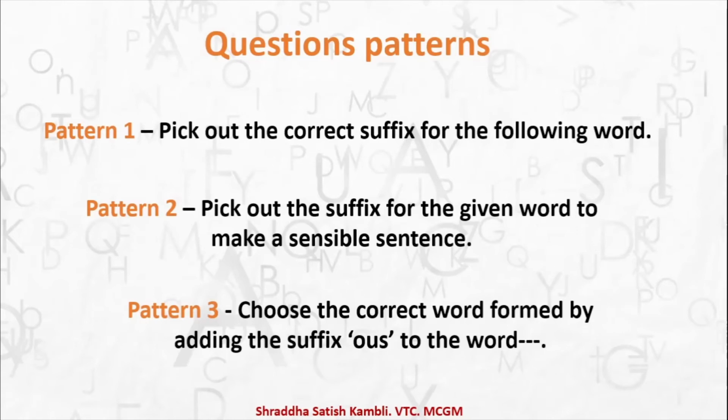Okay, so come on, let's get into our question answer pattern now. Let me also tell you that whenever you see a question, pause the video and try to find out the answer yourself, and then come back and check your answer with mine. Okay, this is an instruction I keep on repeating every time we do a scholarship lesson. So come on, let's see pattern 1. So what the question will be?